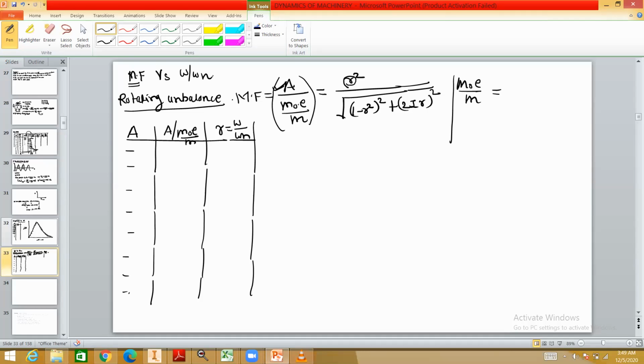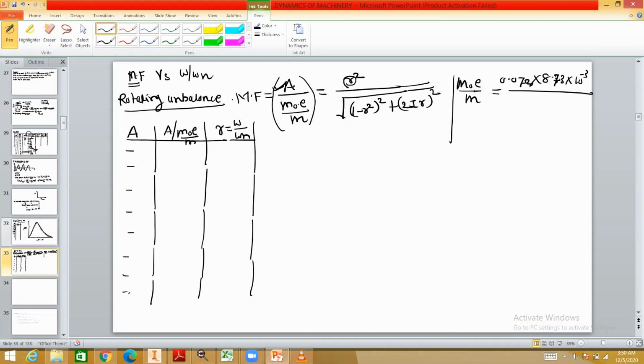So m0 is the mass of the unbalance. That rotating unbalance has a mass of 0.072. The e value, that is the eccentricity, is 8.73 mm, so it is 10 raised to minus 3, divided by M, the total mass of the system.